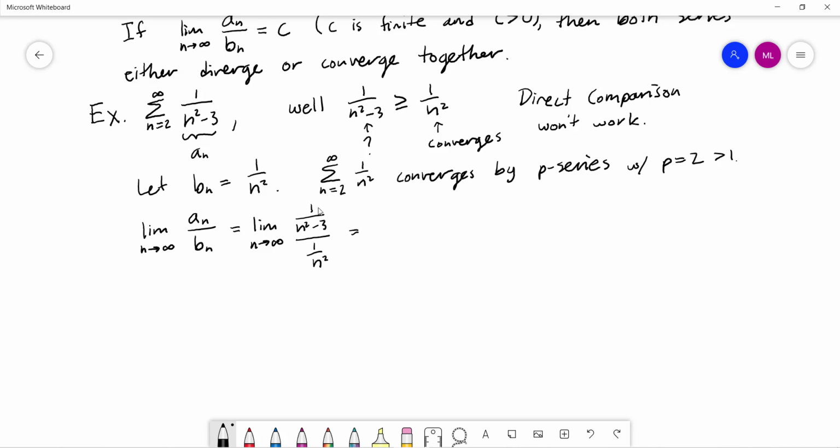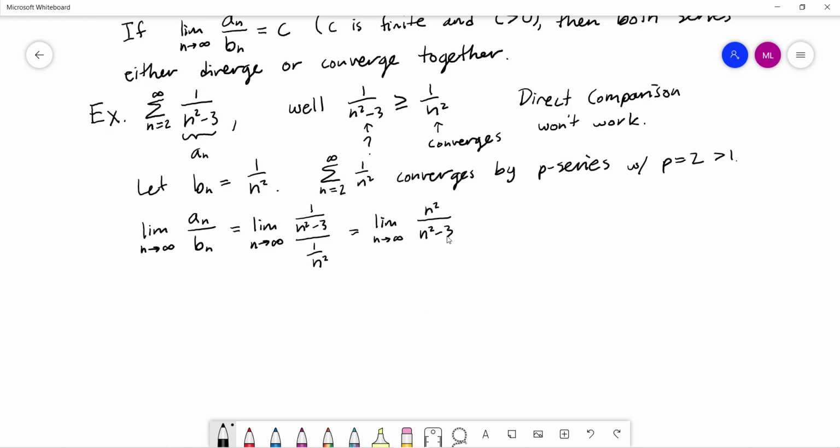But here's the ratio. Here's my a sub n on top, my b sub n on the bottom. Instead of having a fraction divided by another fraction, we can clean this thing up and write this as the limit as n goes to infinity of n squared over n squared minus 3. And what is that limit?